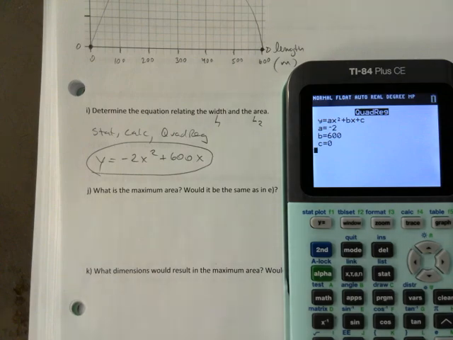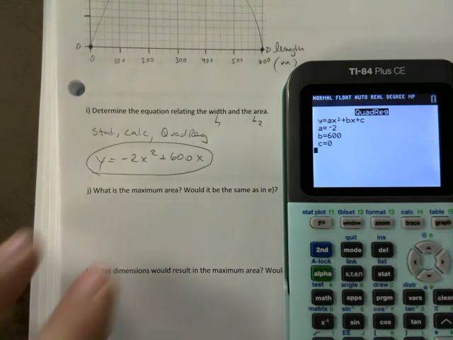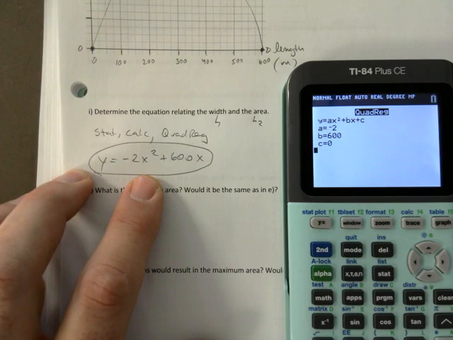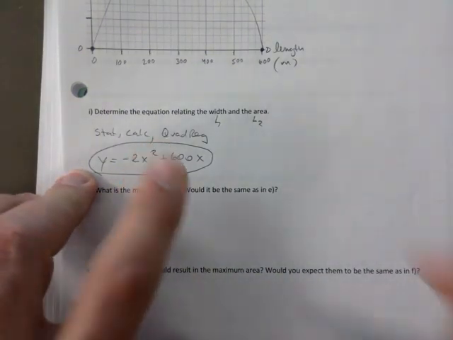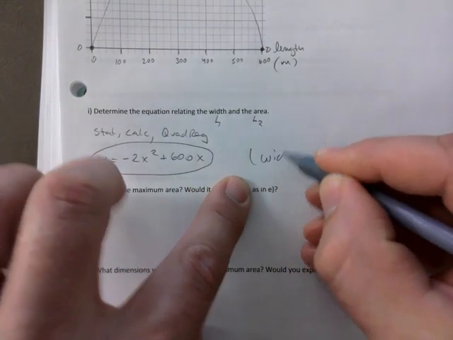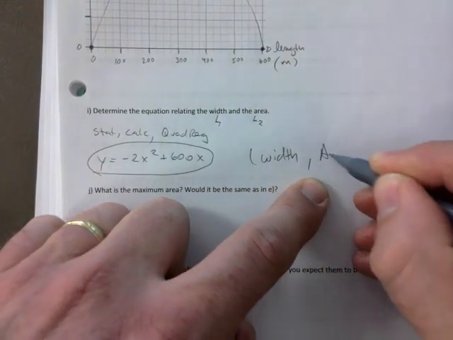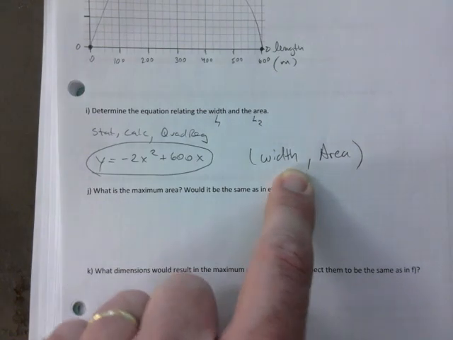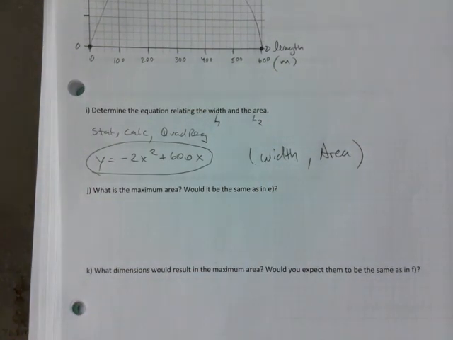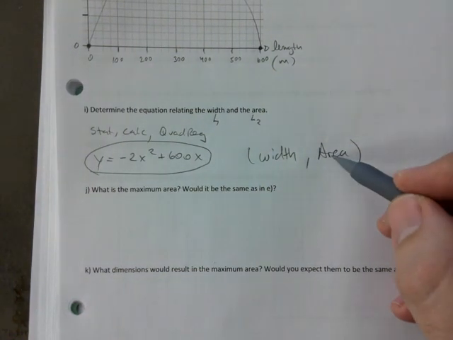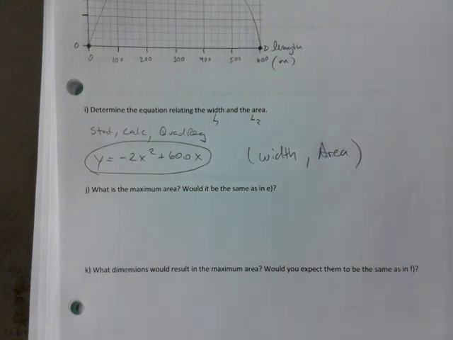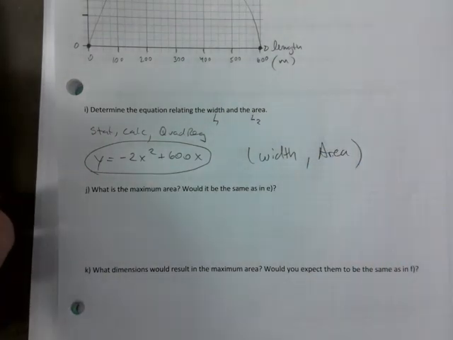Because ultimately I'm going to ask you what's the maximum area to be enclosed, and it doesn't matter which one you use, you get the same maximum area for either one of them. Okay? So this particular one, every single point tells me these two pieces of information. This width would give you that particular area. Okay? So this one is different.